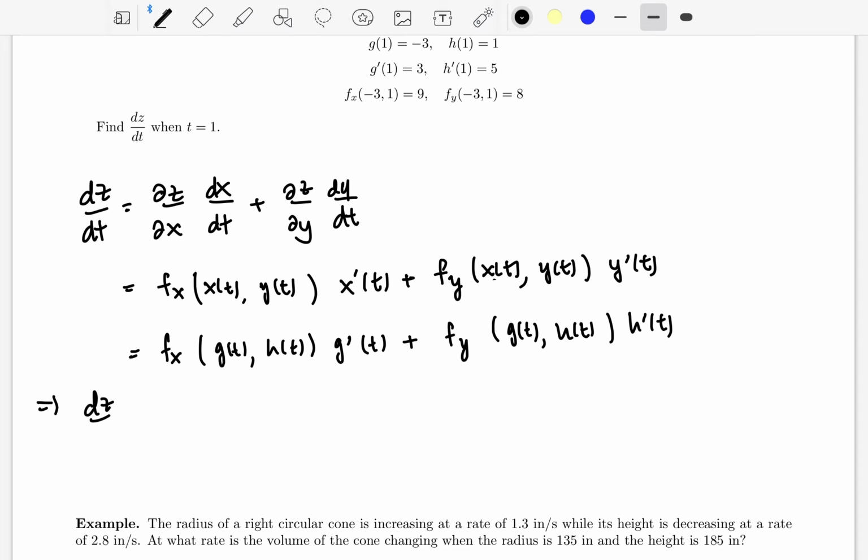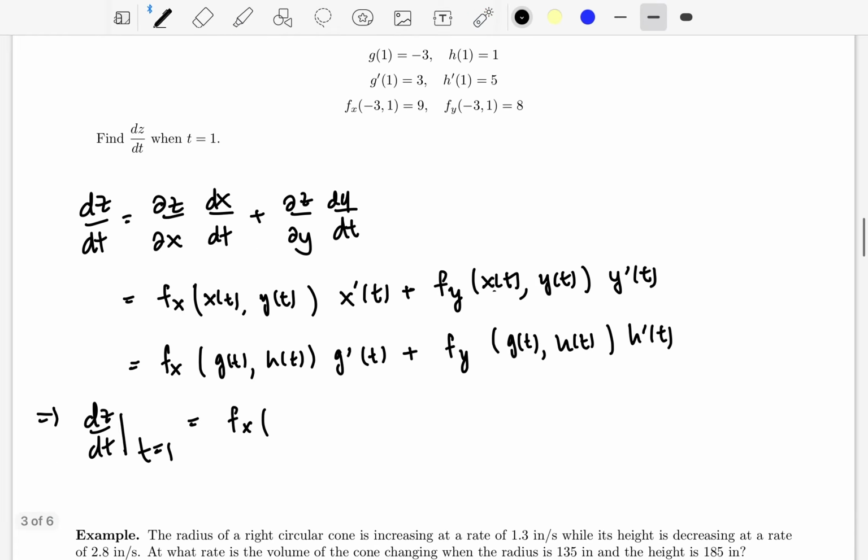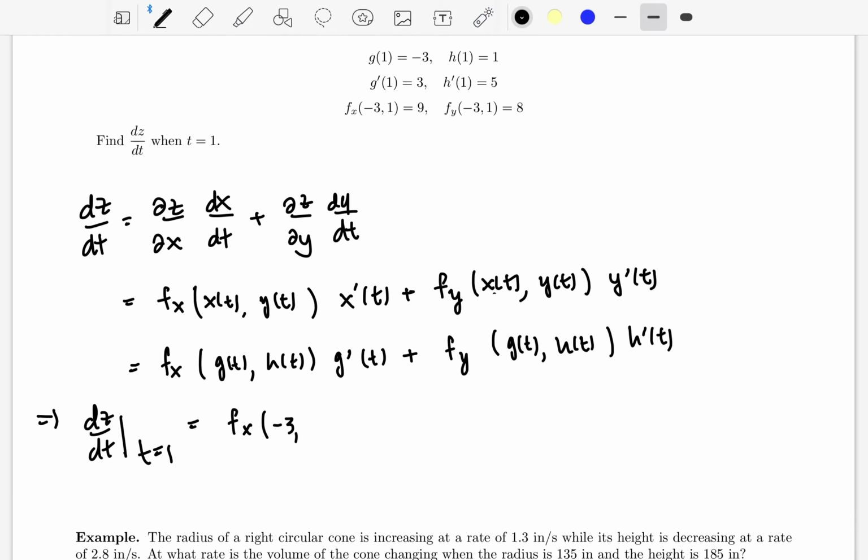Well, that means that if I'm looking for dz dt evaluated at t equals 1, this is just equal to fx, and then g of 1, well, g of 1 is equal to -3, so this is -3. h of 1 is equal to 1, and then g prime of 1 is equal to 3, plus, and then I have my partial with respect to y evaluated at -3, 1, and h prime of 1 is equal to 5.